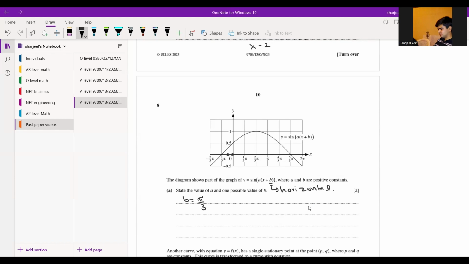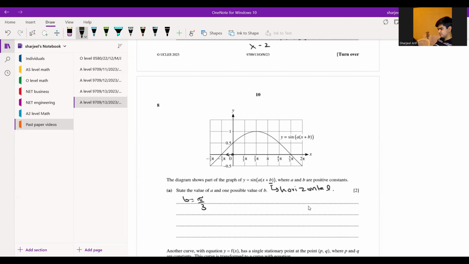A negative pi by 3 means it will move towards right, and positive pi by 3 means it will move towards left. So b should be positive pi by 3, and the graph repeats its values within an interval of 2 pi.